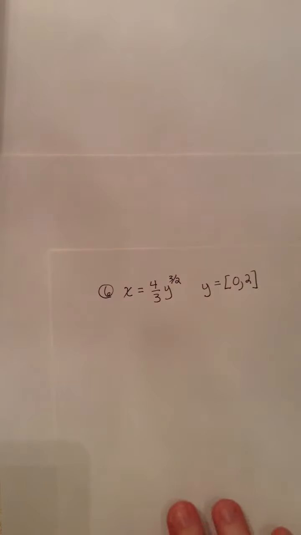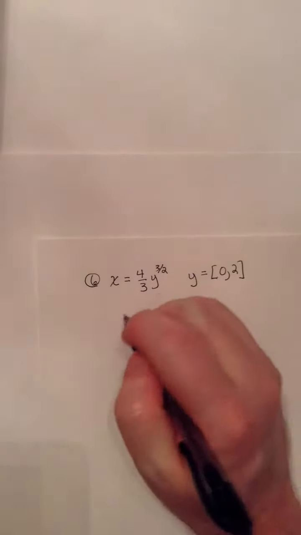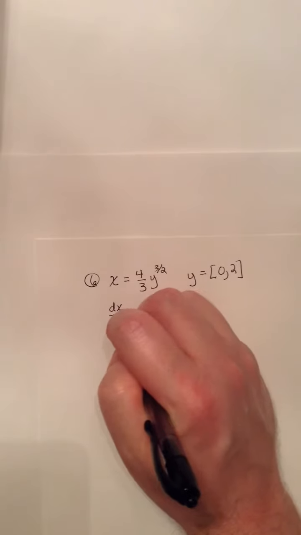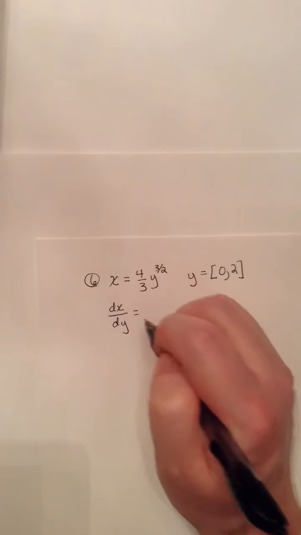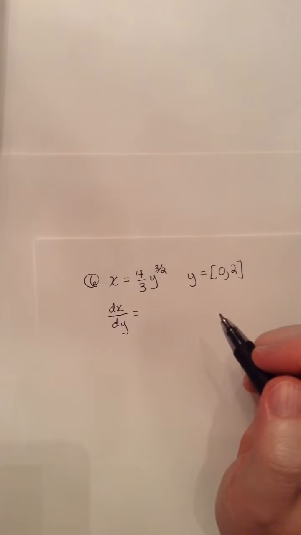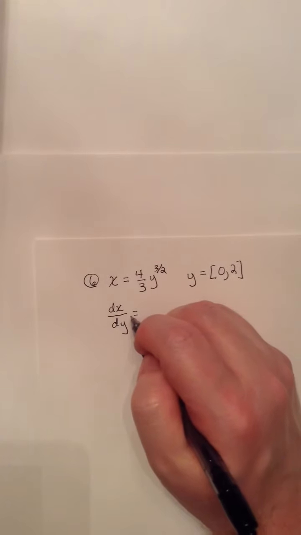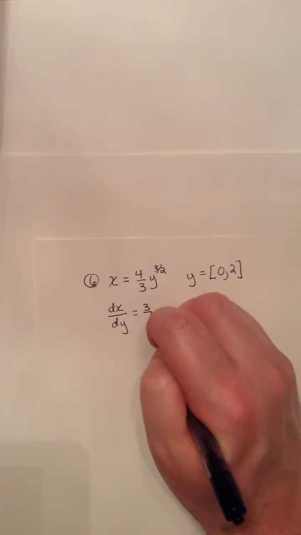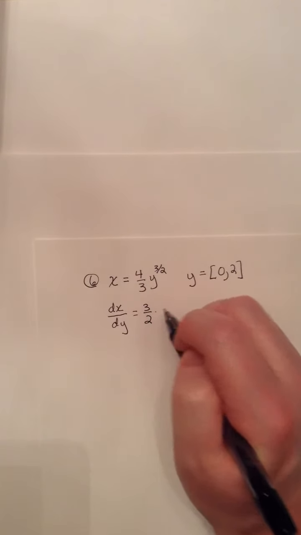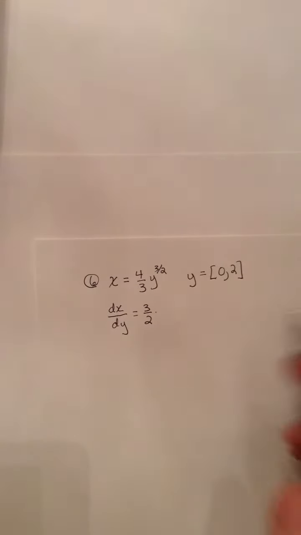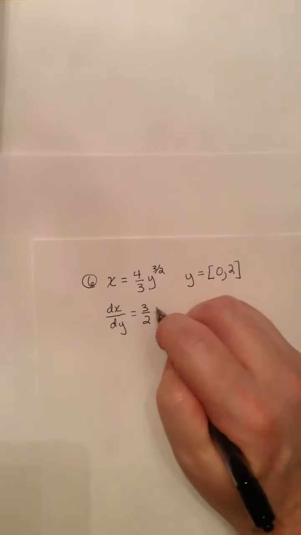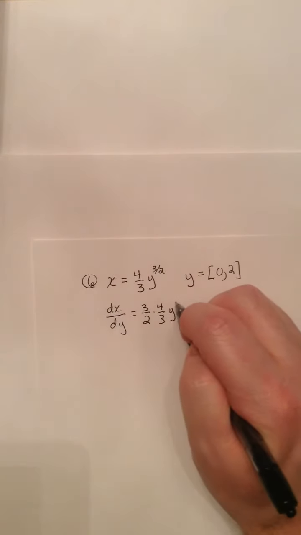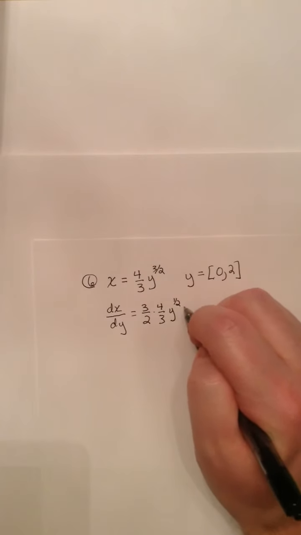Okay, now for the first order derivative, since we had the function already expressed in terms of x equals, we can express the derivative as dx over dy. If we utilize the power property of the derivative, we have 3/2 times 4/3 of y raised to the 1/2 degree.